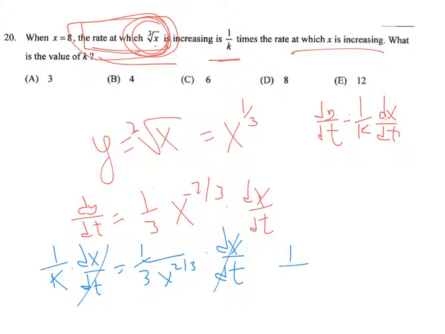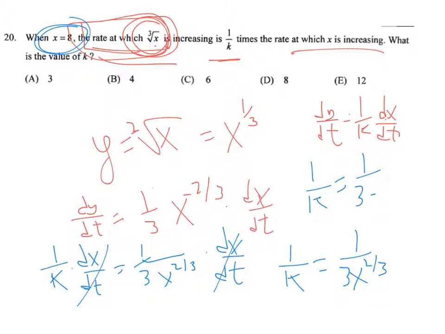And so I'll get 1 over k is equal to 1 over 3x to the 2/3, and we want to find it at x equals 8. If I plug that in, I get 1 over k equals 1 over 3 times 8 to the 2/3, which is 4. So I'll get 1 over k equals 1/12, so k must be 12.